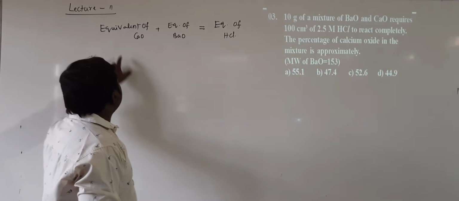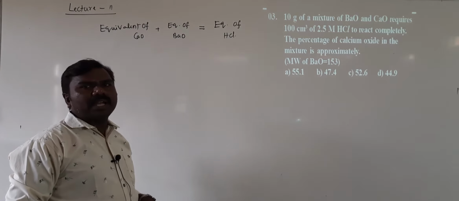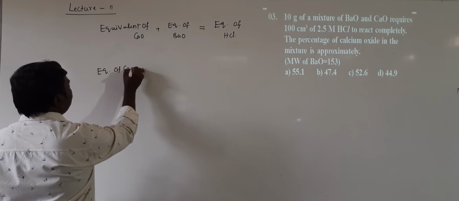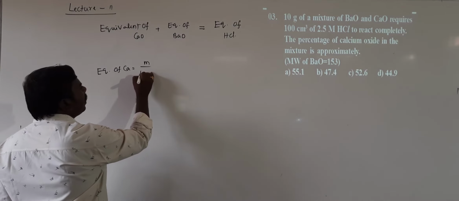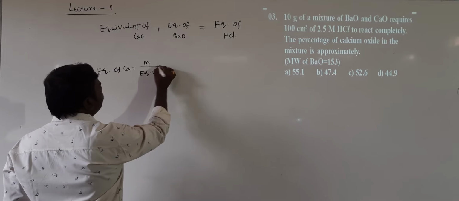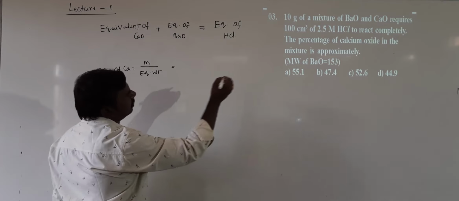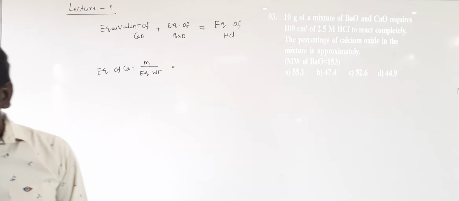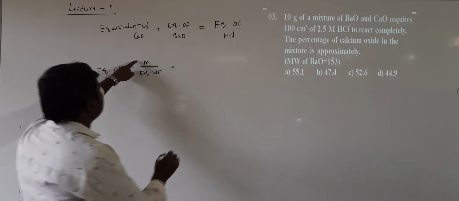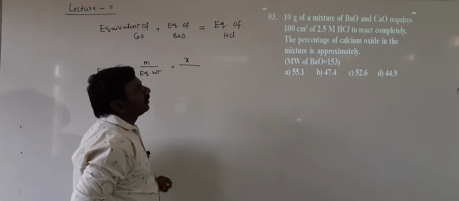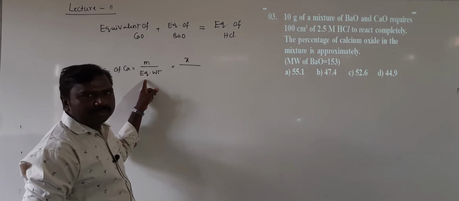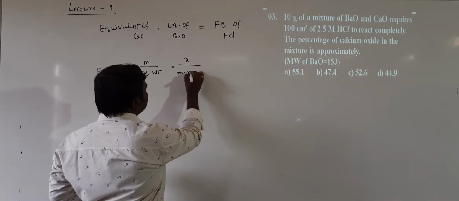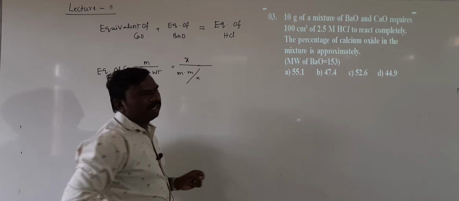So, now equivalent means mass by equivalent weight. Equivalence of CaO equals mass by equivalent weight of CaO. The mass is considered as x, they did not give it. Equivalent weight is equal to molar mass by n factor.